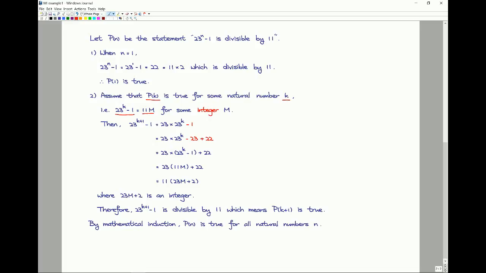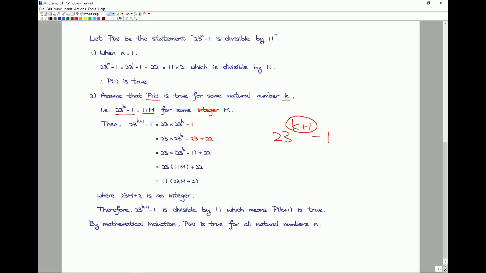And it is exactly what divisibility means. Then we have to show that Pk plus 1 is true, which means that 23 to the power k plus 1 minus 1 is divisible by 11. As you can see, the power is k plus 1.